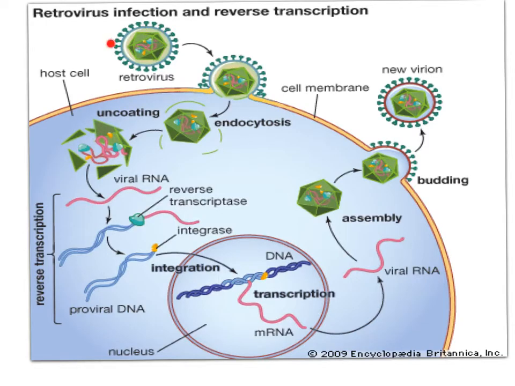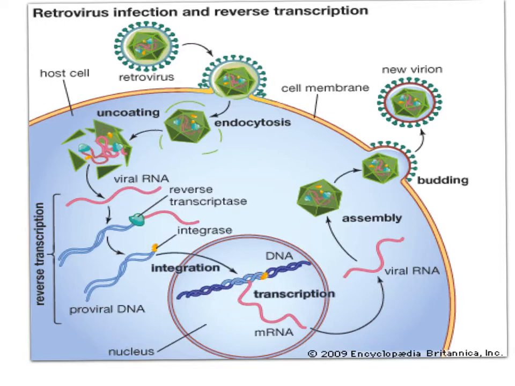An RNA virus, a retrovirus, will infect a host cell. The viral RNA is copied into DNA using the enzyme reverse transcriptase. The copied viral DNA is incorporated into the host cell genome.